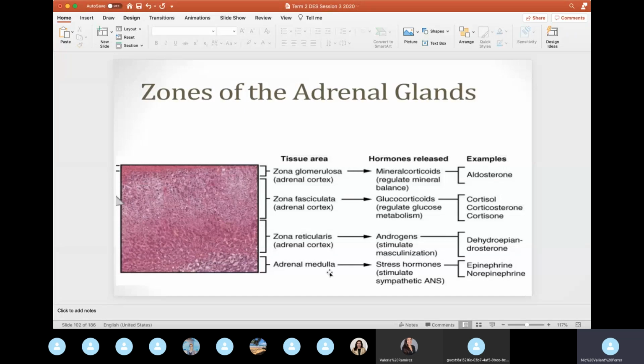And don't forget the adrenal medulla. It produces stress hormones, specifically epinephrine and norepinephrine. What's the amino acid precursor of your epinephrine and norepinephrine? Phenylalanine.